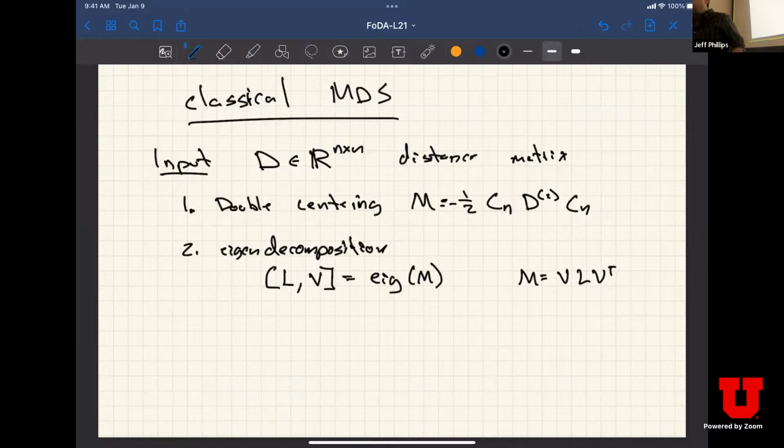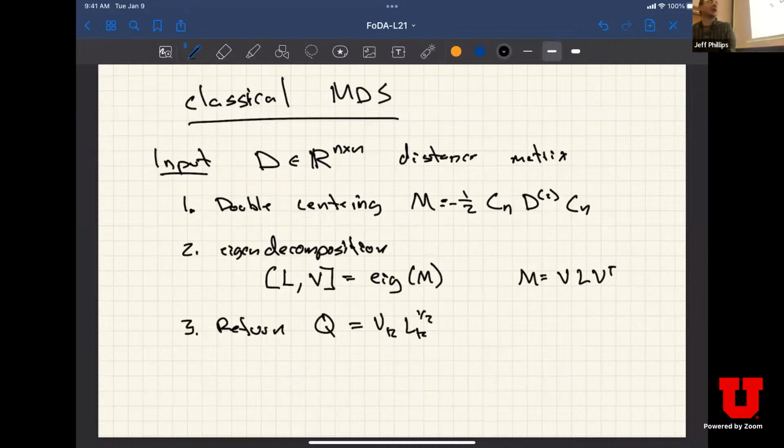Okay. And then the third step is I'm going to return a set Q, which is my output. Q1 through Qn are going to be the values, and I'm just going to write V_K L_K to the 1/2 here.